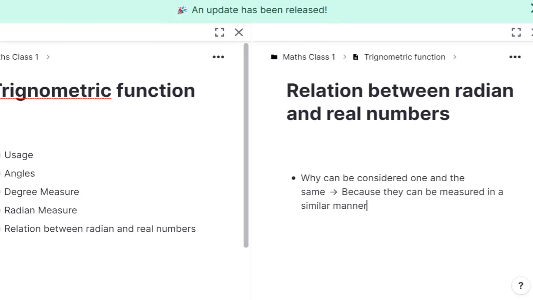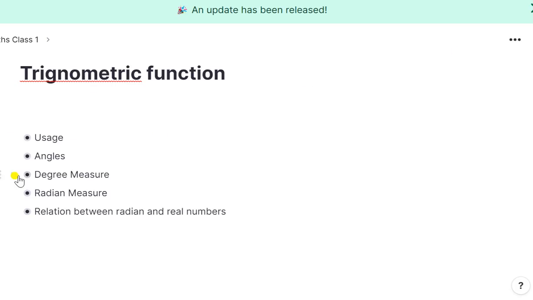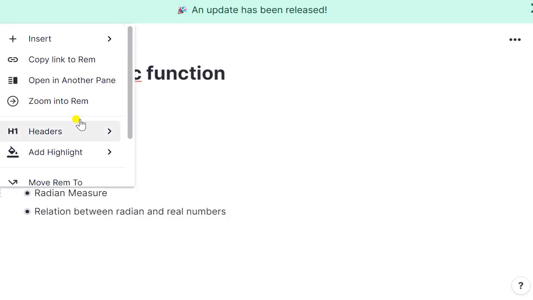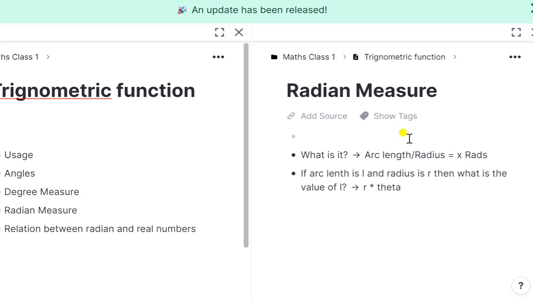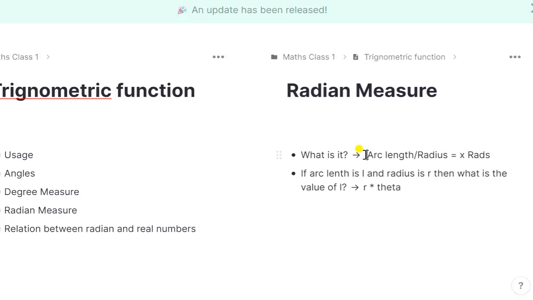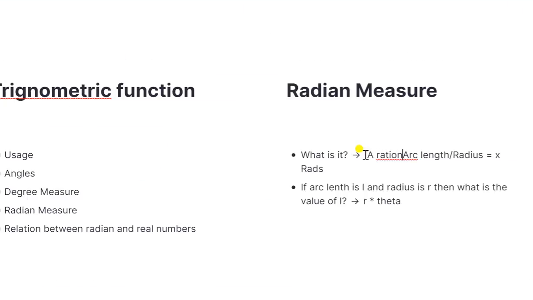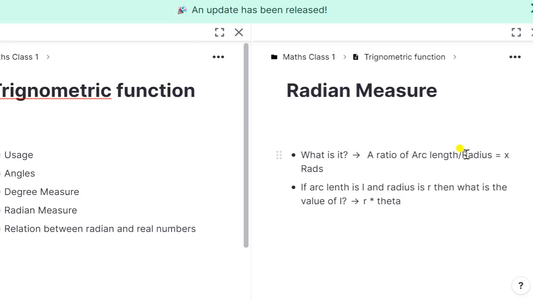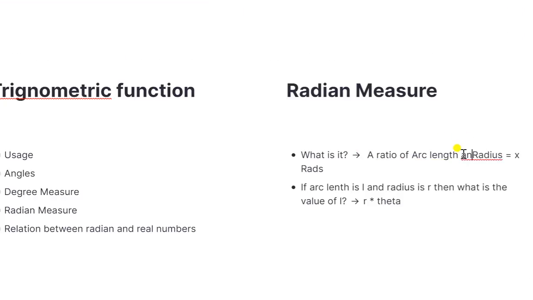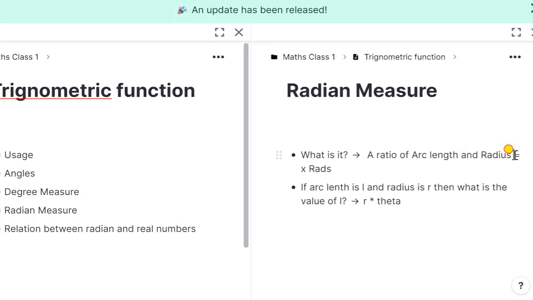Basically, that's it. So we've understood. And what is a radian? A radian is a ratio. Let's understand it in that perspective. A ratio of arc length and radius.